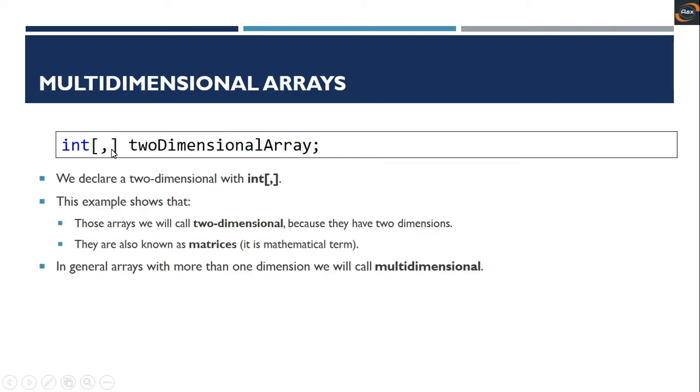They are also known as a matrix, which is the mathematical term. So in general, this is the way you declare a multi-dimensional array, by separating the dimensions with commas. If you want a three-dimensional array, you have to use 2 commas. For 2 dimensions, 1 comma. For 3 dimensions, 2 commas.